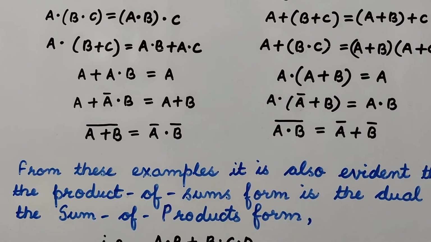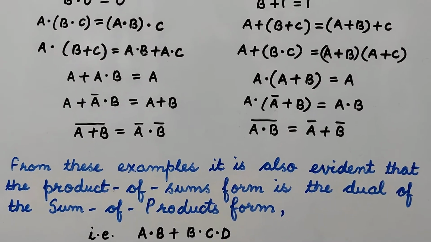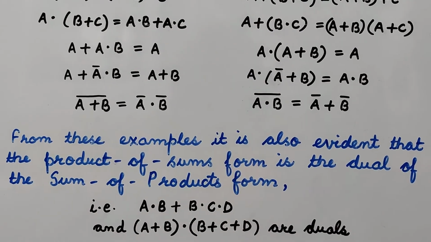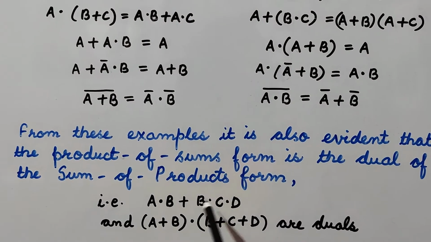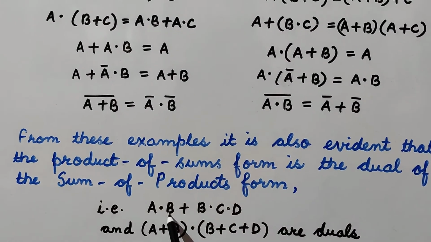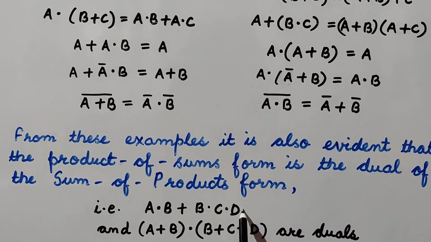So from these examples, it is also clear that the product of sums form is the dual of the sum of products form. So in this expression, we find that this is the sum of products form. The individual terms are the products and this is the sum. So this is the sum of products form.